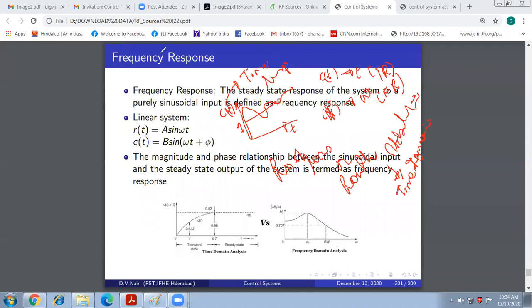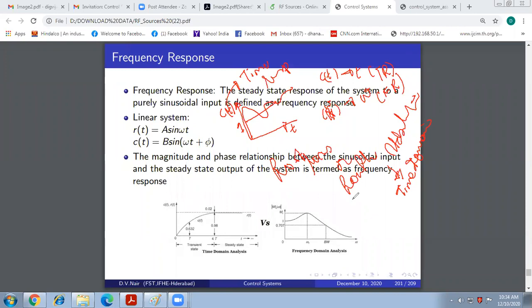But what more does it tell about? It tells about whether or not there are any poles in the right half of the S plane. You are correct, it tells about stability, but probing more, it tells whether there are any poles in the right half of the S plane or not.